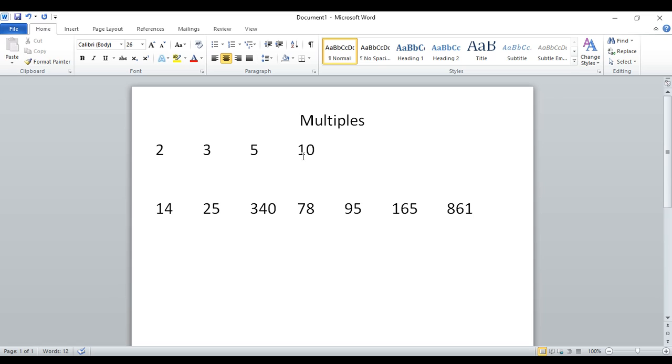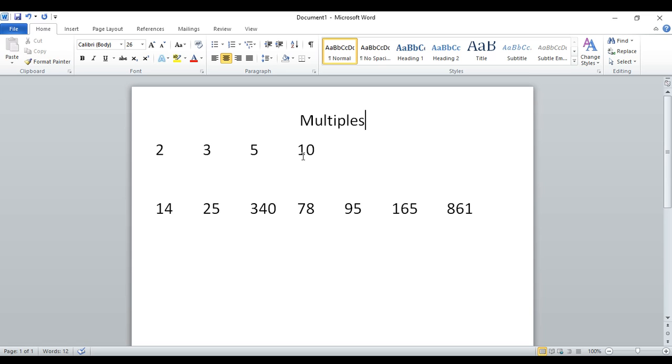One way you can do it is to divide those numbers by 2, or 3, or 5, or 10. But that seems like an awful lot of work. And if you know some of these tips and tricks, then you can do it a little bit more quickly.